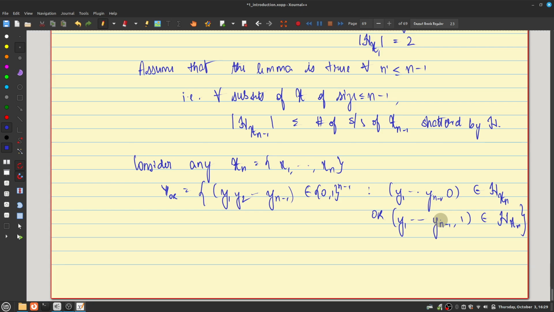So it is that collection of 0, 1 vectors of length n minus 1 such that when appended with either 0 or 1 it makes an element of the restriction of h onto xn.